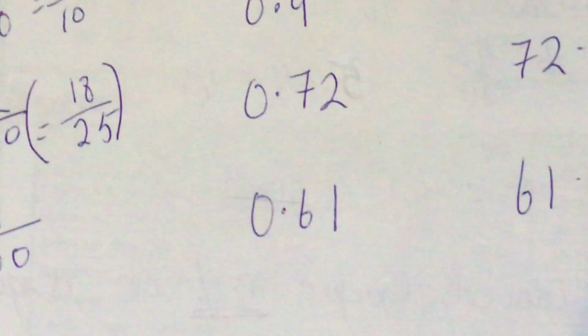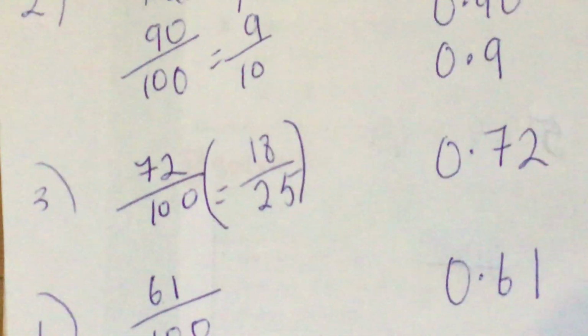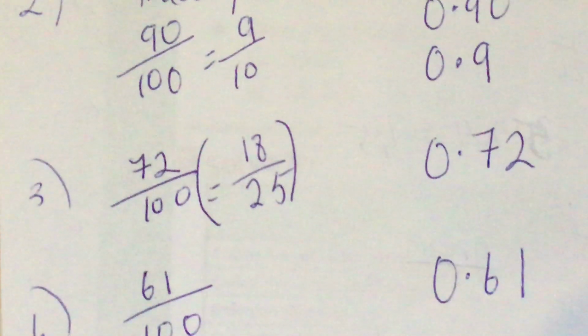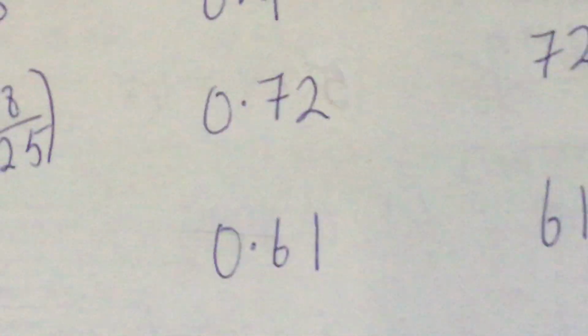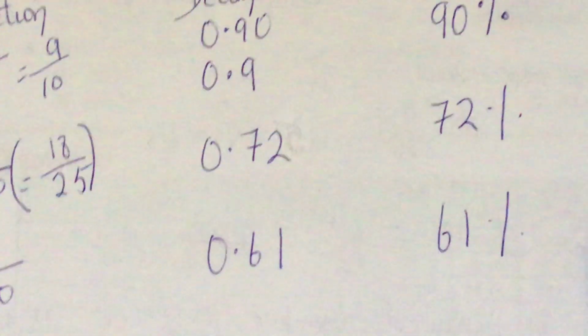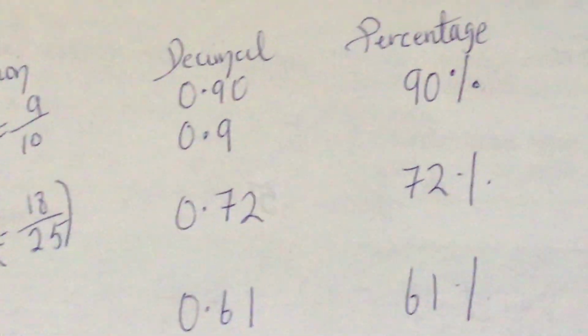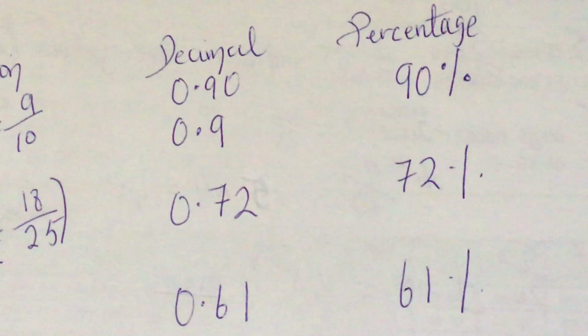So 0.72 converted into a fraction is 72 out of 100. Remember, there's 2 zeros in 100, so there are 2 numbers after the decimal point to reflect that. And then we know 72 per 100 is 72% as a percentage.